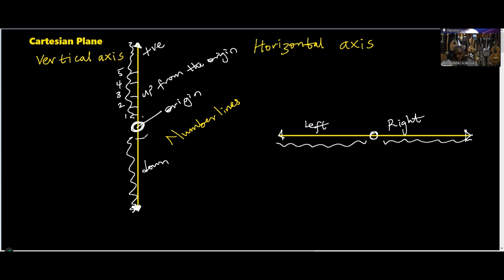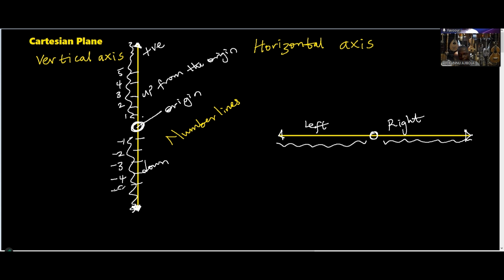And the bottom side will be negative, another negative, another negative. It might be 1, 2, 3, might be 2, 4, 6, it might be 0.1, 0.2, based on whatever values we have.